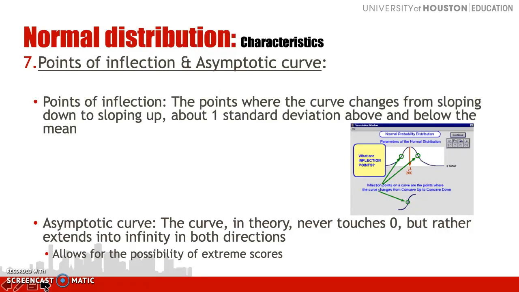What that means is that there's always this potential for really extreme scores. They're always possible. They're rare, but they're possible, and that's really important. When we talk next week about probability, there's always a chance that an extreme score could occur.